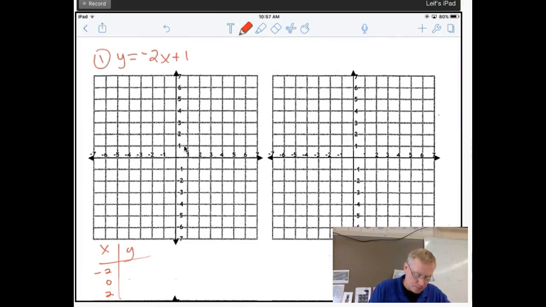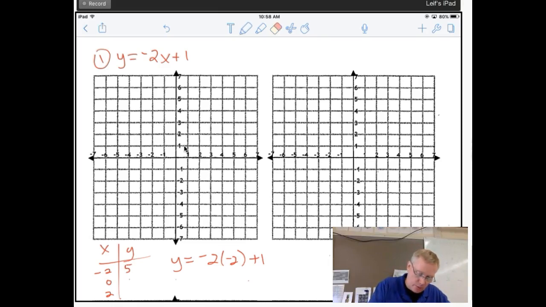If I plug in negative 2 for x, I get negative 2 times negative 2 plus 1. So negative 2 times negative 2 is 4, 4 plus 1 is 5.